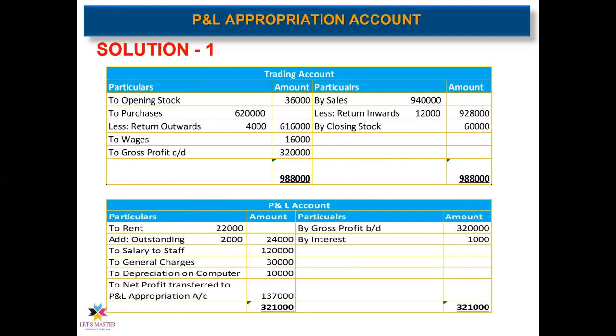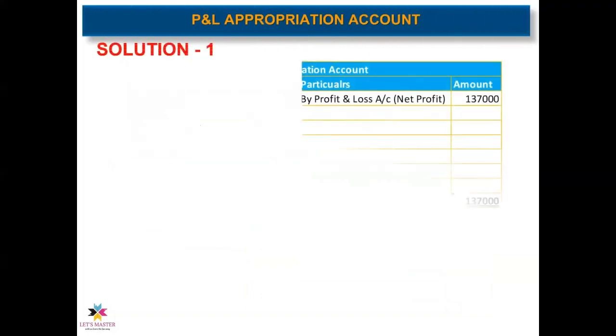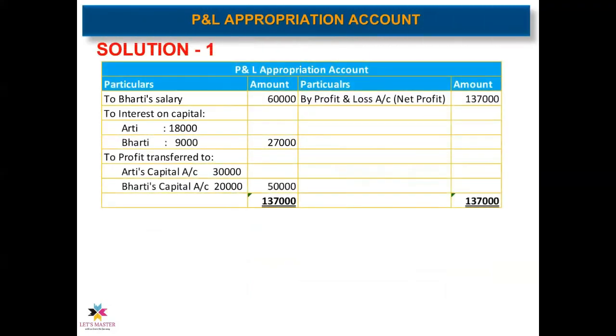And after making provisions or adjustments for all the charges against profit, that is rent, salary, journal charges, and depreciation on computers, the net profit that the partnership firm has earned for the accounting period stands at rupees 1,37,000. And this rupees 1,37,000 is transferred to the profit and loss appropriation account.